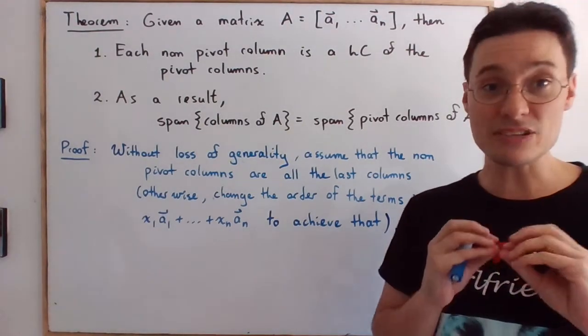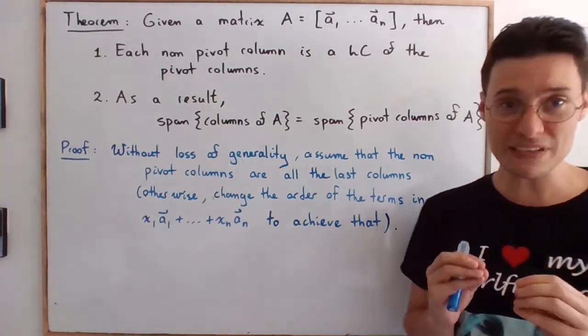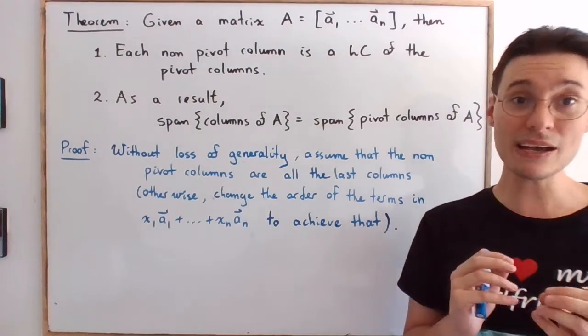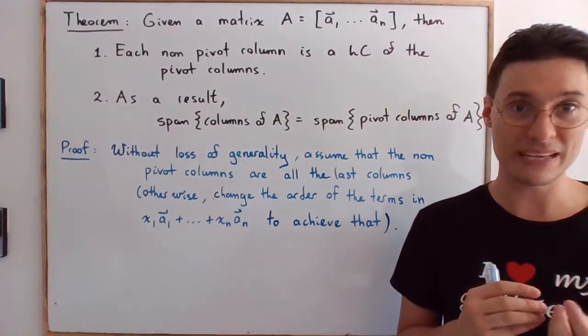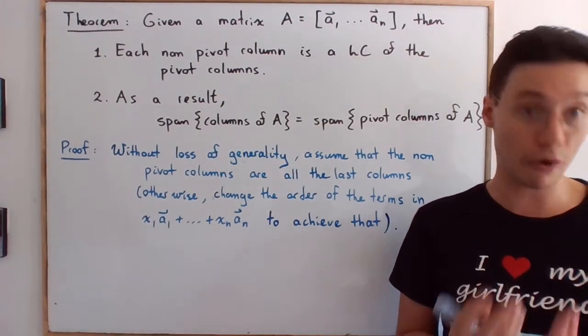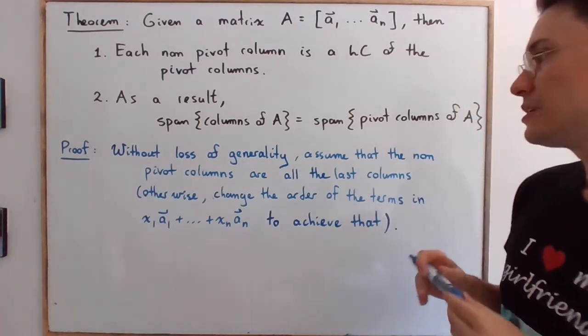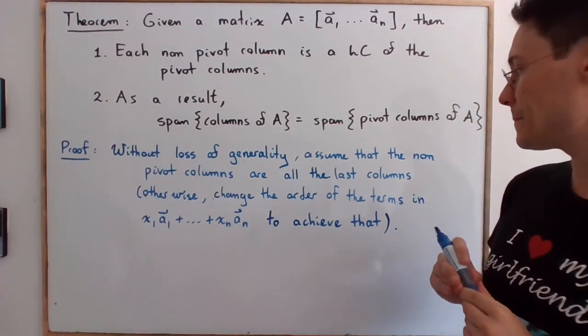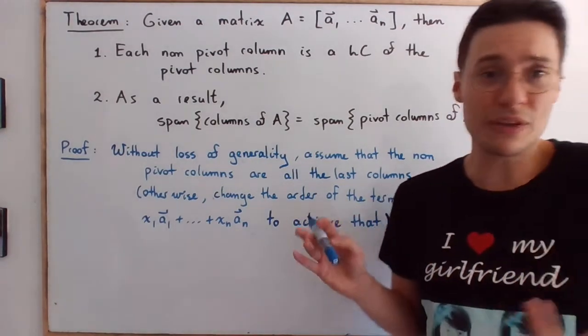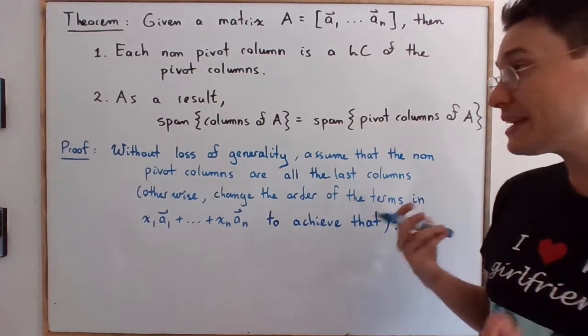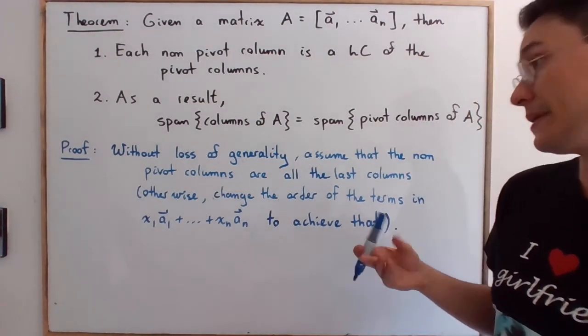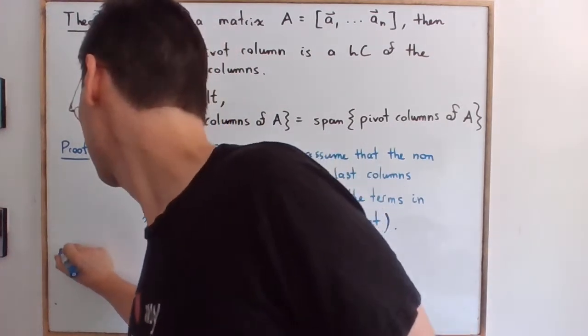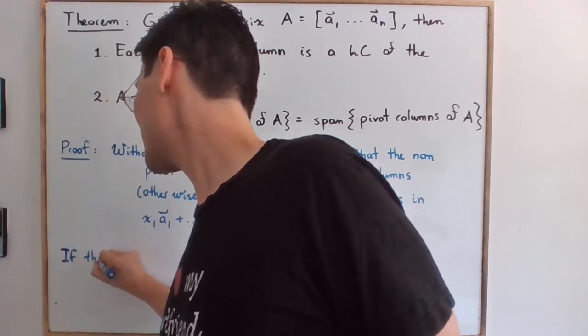And then there's another thing we have to be careful about. The proof is going to be different depending on if the non-pivot column is a zero column or not. Or actually, no, we don't even need that.